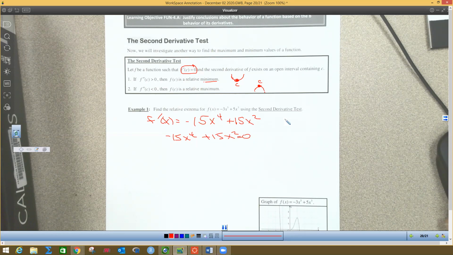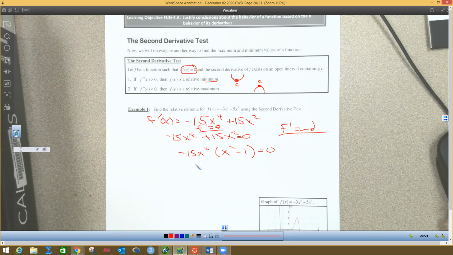I probably should have put f prime equals 0, just like we always do. The other critical numbers could occur where f prime is undefined, but there's no variable here, so we don't worry about that. I'm going to factor out a negative 15x squared from both of these, which is going to leave me with positive x squared there and a negative 1 here.